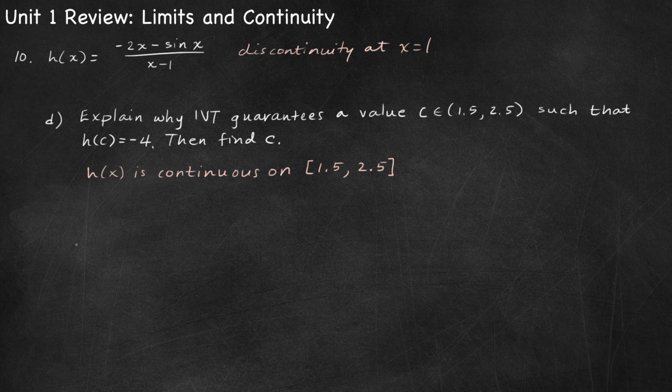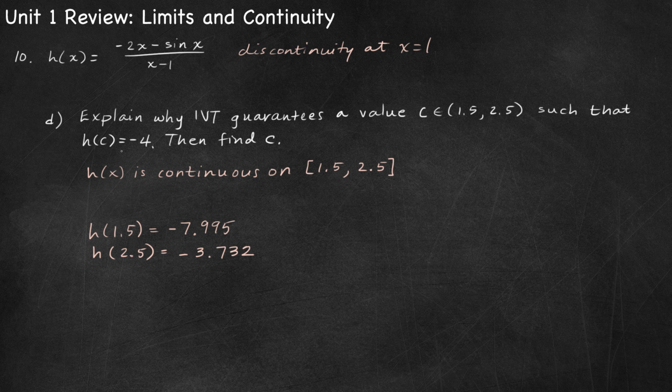So h of 1.5, and I'm just using my calculator to compute that, is approximately negative 7.995. h of 2.5 is approximately negative 3.732.